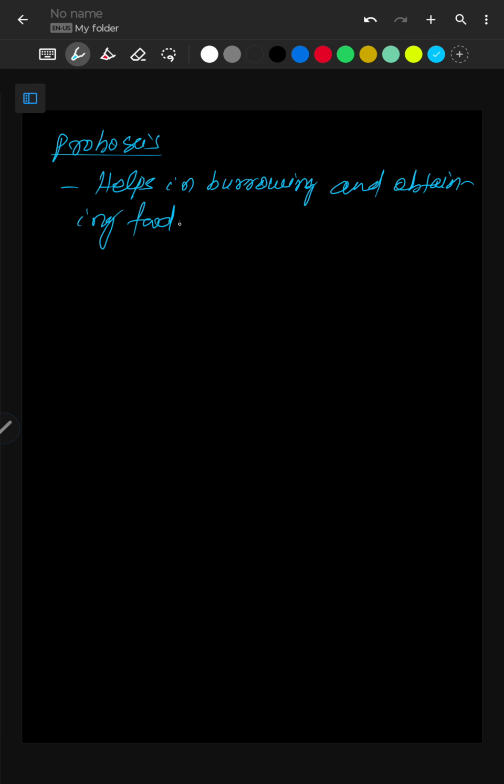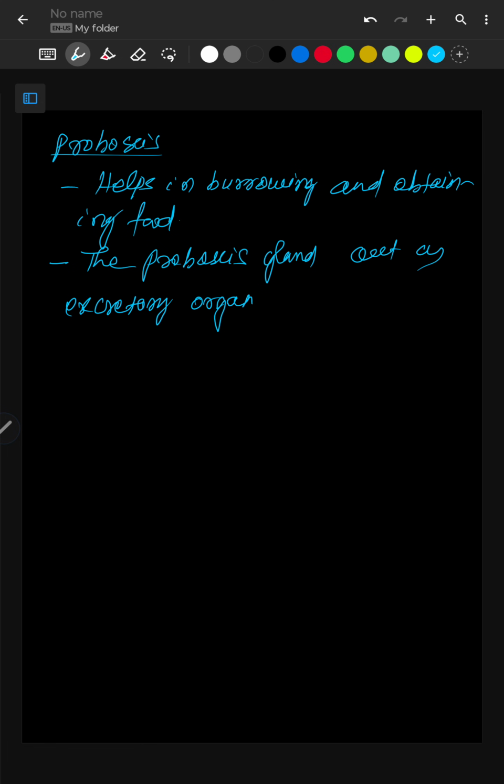So these are the burrowing animals, and the proboscis gland acts as an excretory organ. I will tell you. Okay, so this is very important. Proboscis gland helps in excretion.